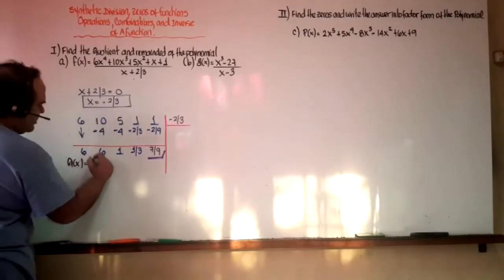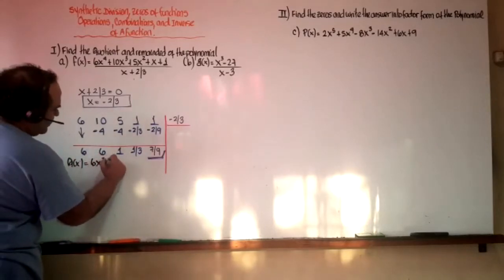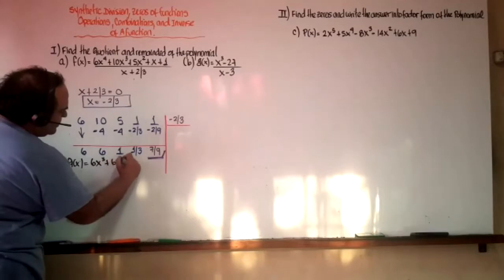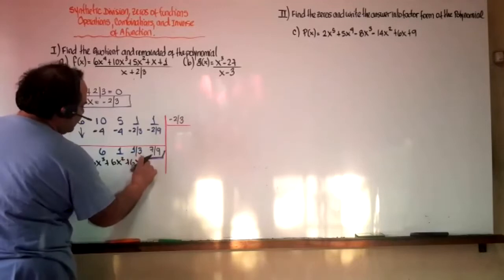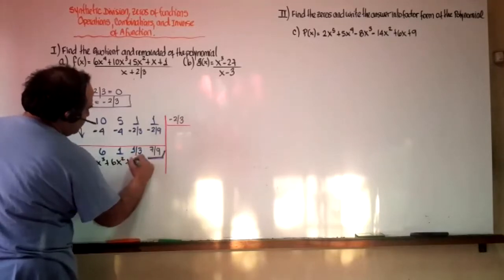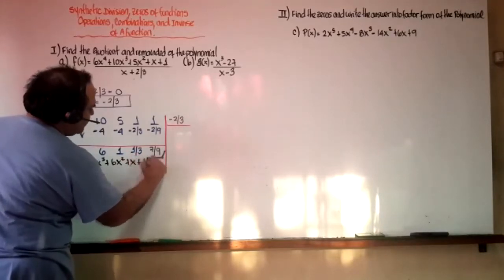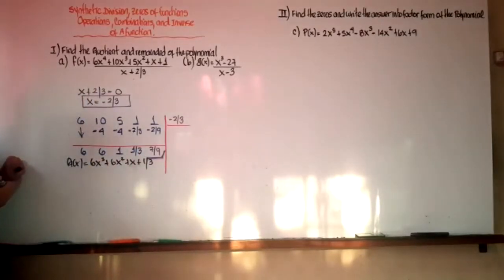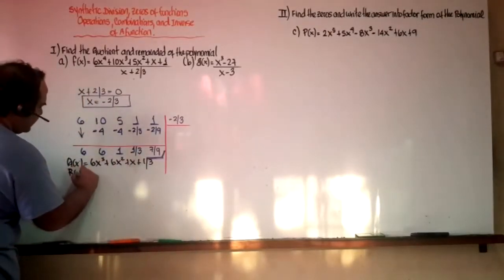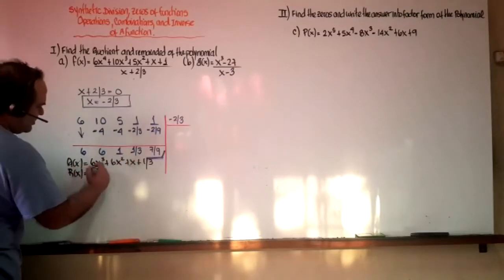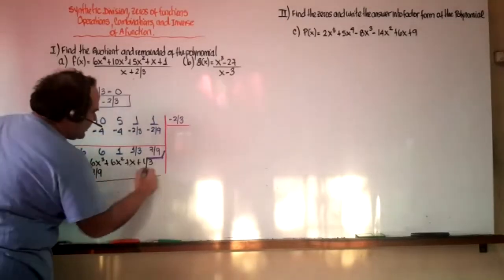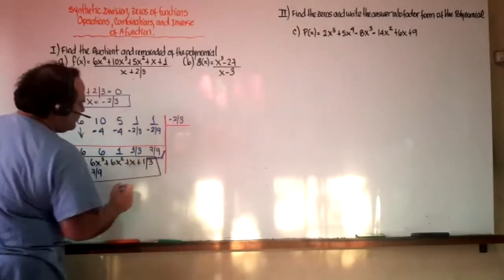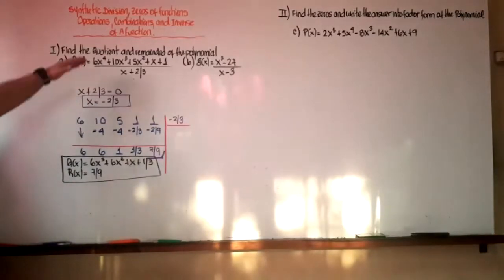For that reason, we got 6x^2 + 6x + 1 + 1/3. This is going to be the quotient. And the remainder, r(x), will be equal to positive 7/9. And that is the solution for the first problem, letter A.